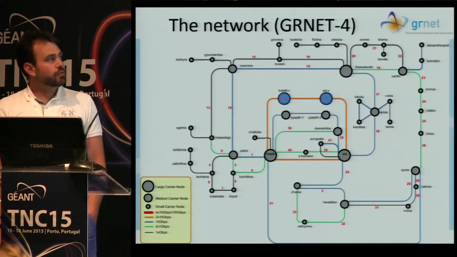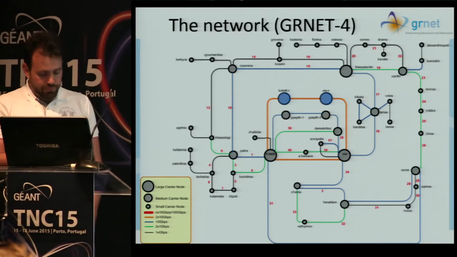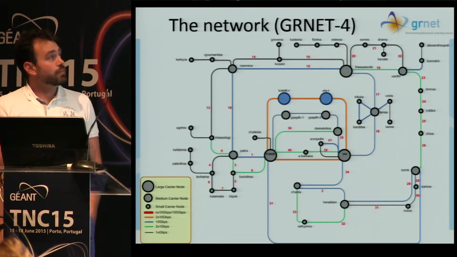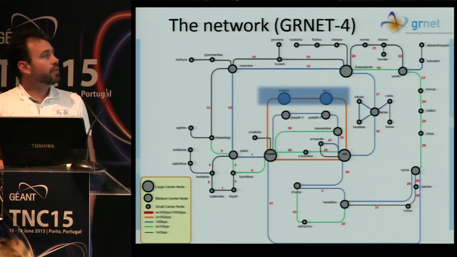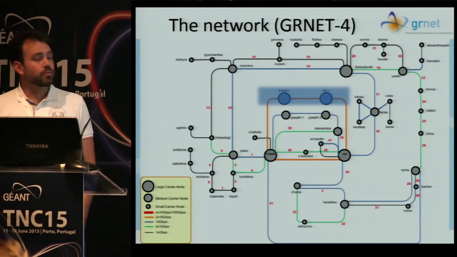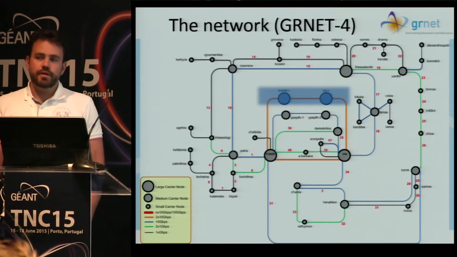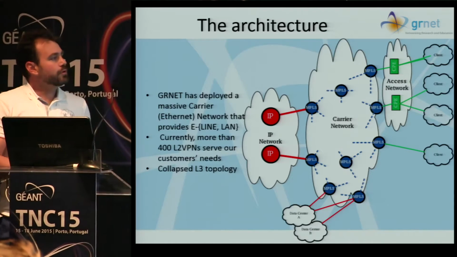So it's a carrier network. We have points of presence all around the country, a lot of points to be operated. And among them, there are two routers in the capital of Greece, in Athens, which serve the layer 3 needs of our customers. The heart of the network is the carrier network.